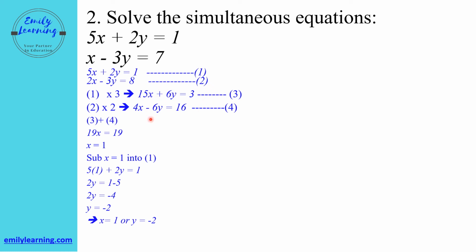Next, check the sign of y. This is plus 6y, this is minus 6y. They have opposite signs, so when you have opposite signs, you add the statements up. When you add the statements, 6y minus 6y will be equal to 0y. You get rid of y, so you're only left with x. Once you only have x, you can solve for x. Once you found x, sub x into any of the equations to find y. That's how you solve by elimination method.